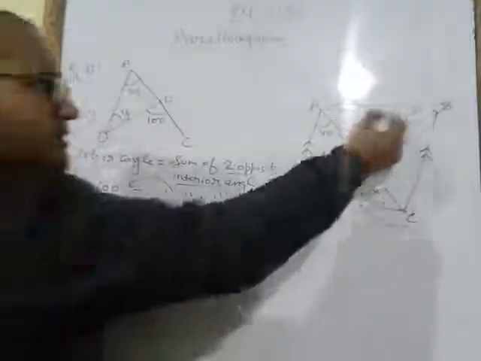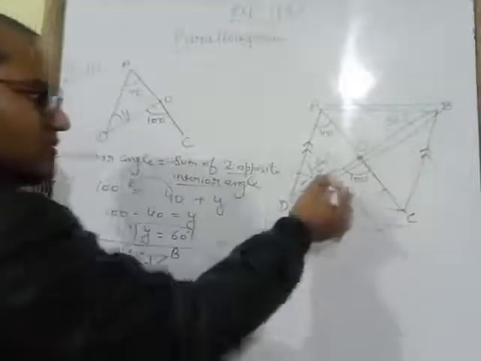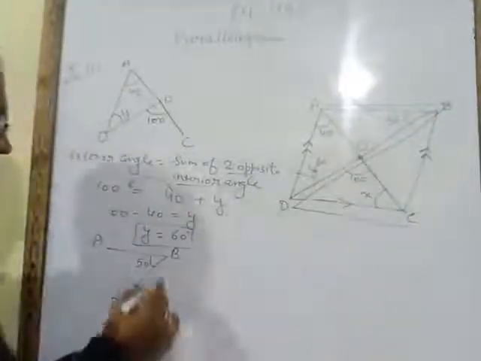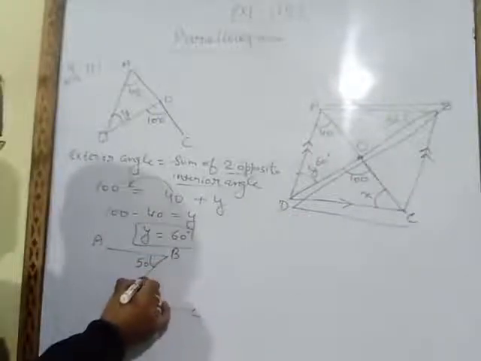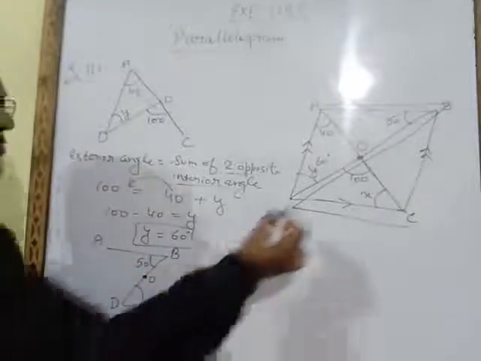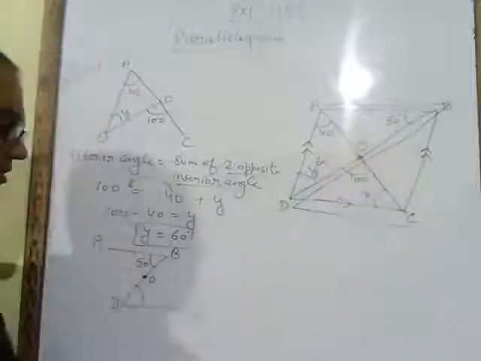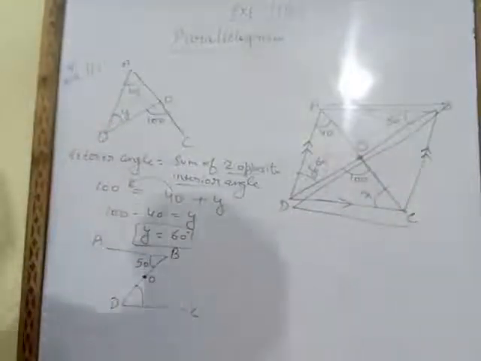But on line BD, you will observe that one point O is written, between B and D.